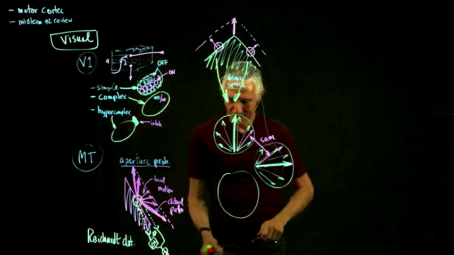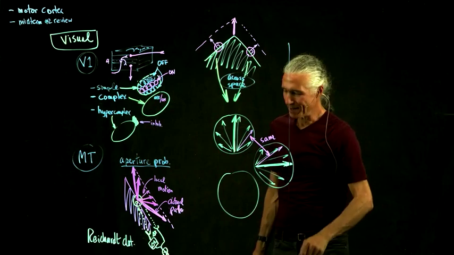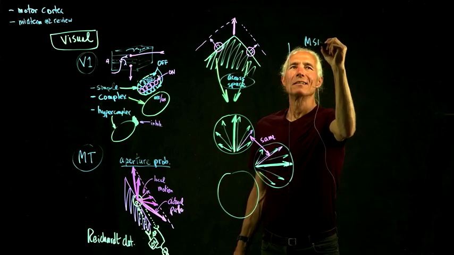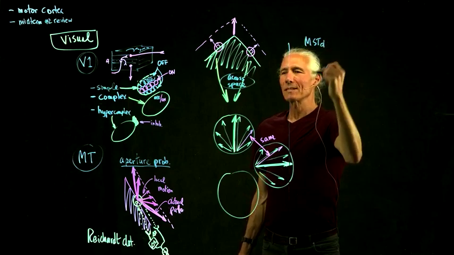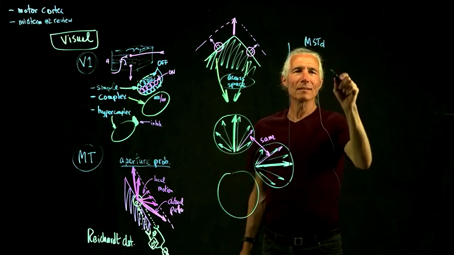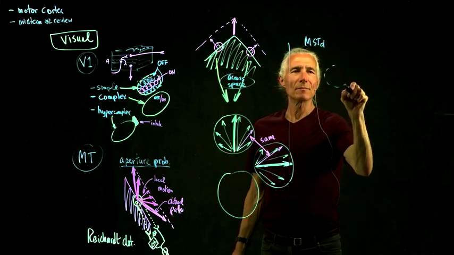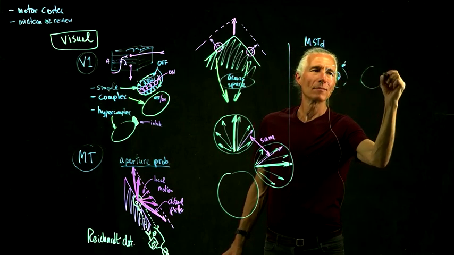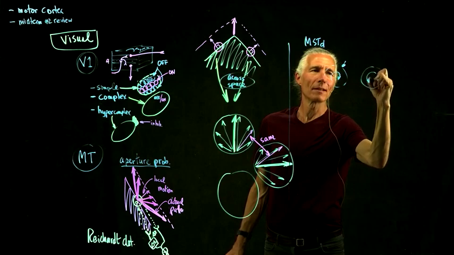So there was that, and then we went to MST, and remember, MST was, if you go to MT and you rotate something around versus rotate it around the other way, you can't tell the difference.